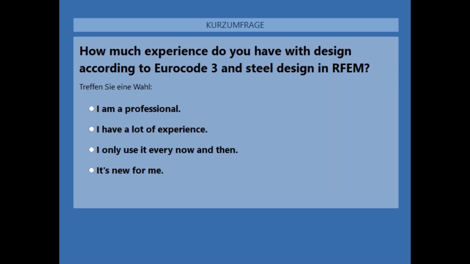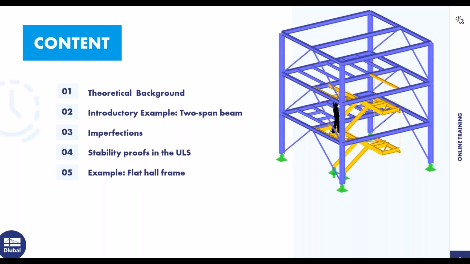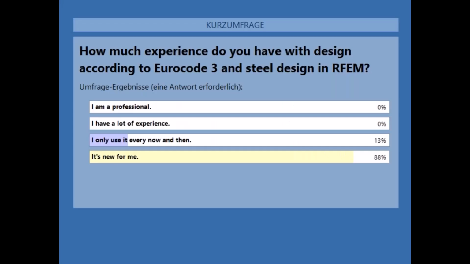The question is, how much experience do you have with design according to Eurocode 3 and steel design in RFEM? Okay, then I close the survey. Last chance to select something. Okay, I close it and show it.